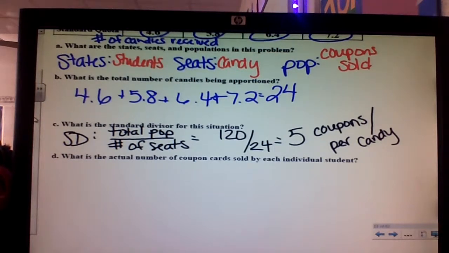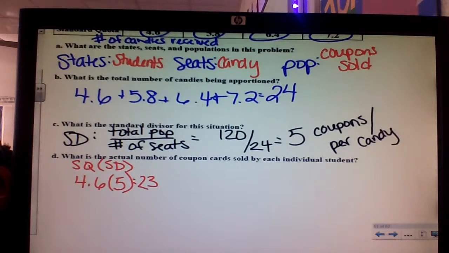That's great. Okay. Let's see what you do with the last one. What is the actual number of coupons that each individual sold? Work backwards. So what do we do? Times instead of divide. We multiply. Buddy is getting 4.6 pieces of candy. Multiply it by your standard divisor. So 4.6 times 5. 23.